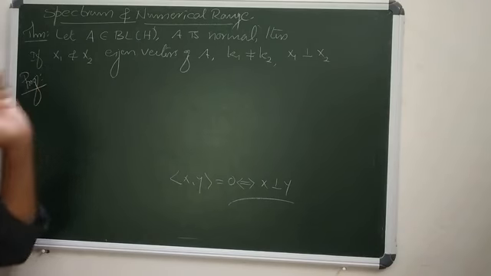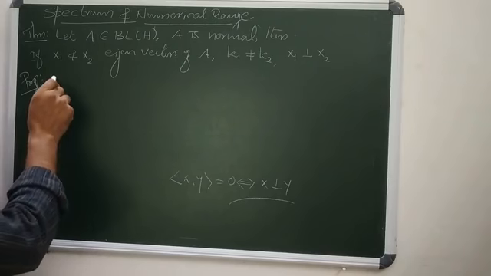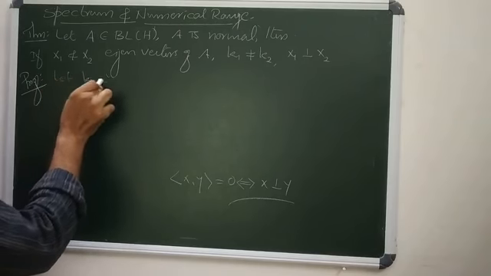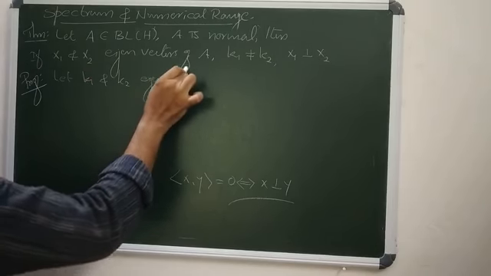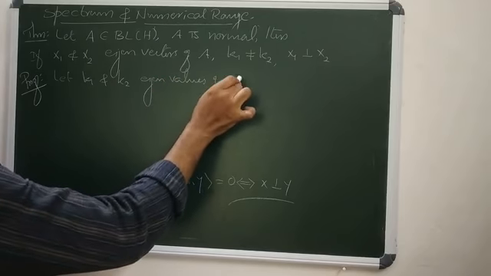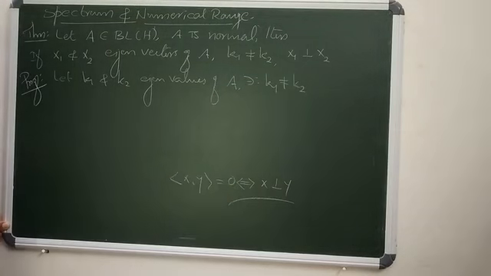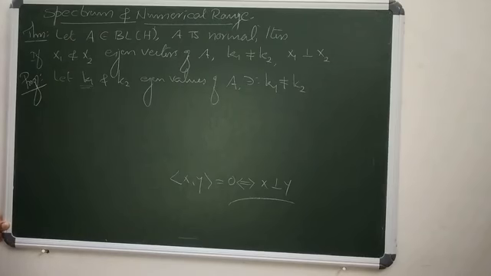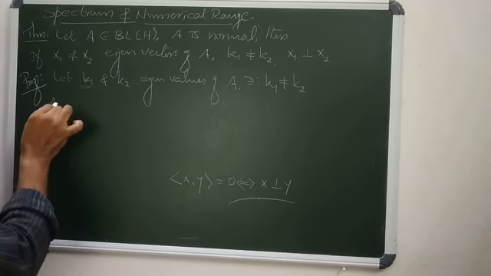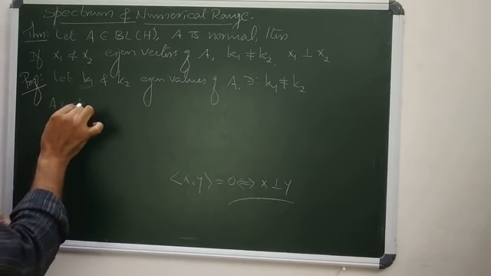It is given that x1 and x2 are the eigenvectors corresponding to the distinct eigenvalues k1 and k2. Let k1 and k2 be eigenvalues of A such that k1 differs from k2. x1 being an eigenvector corresponding to k1 means there exists some non-zero x1 such that Ax1 equals k1 x1.